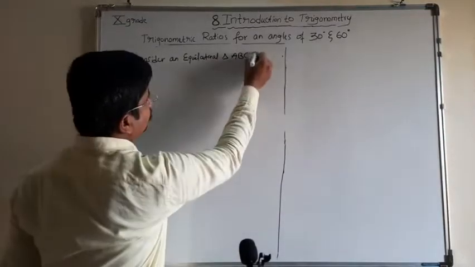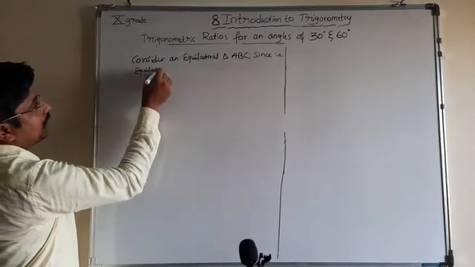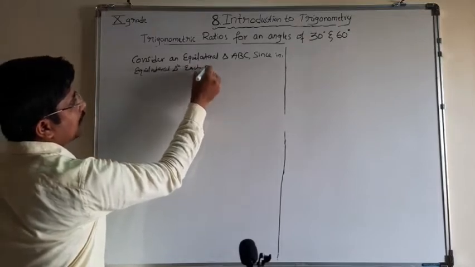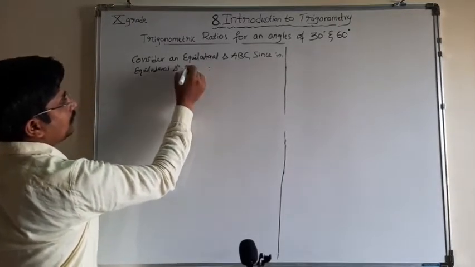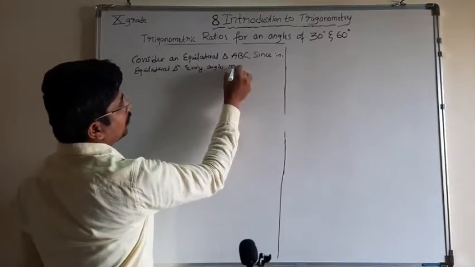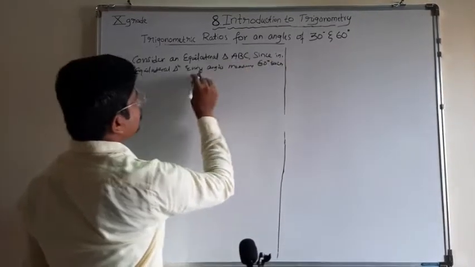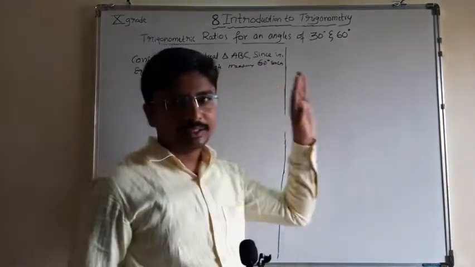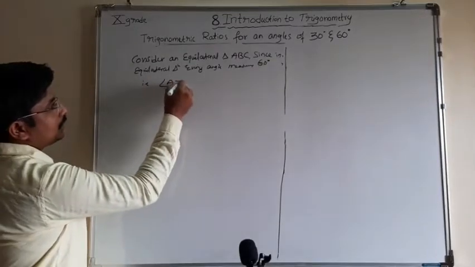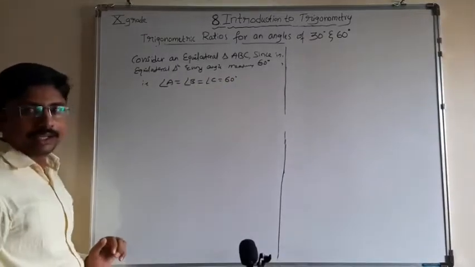Since in an equilateral triangle every angle measures 60 degree, that is angle A is equal to angle B is equal to angle C is equal to 60 degree.